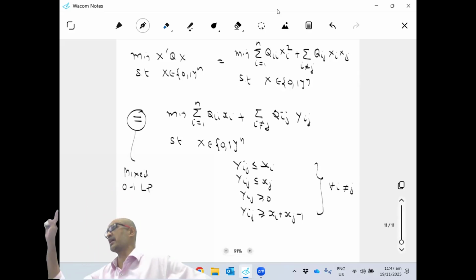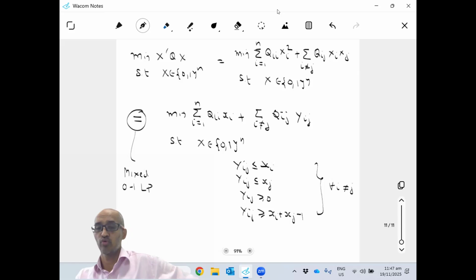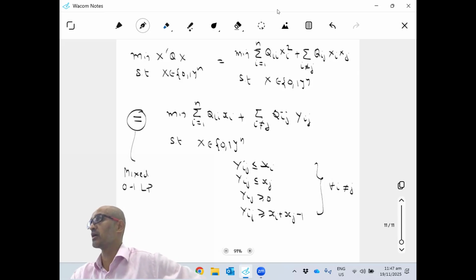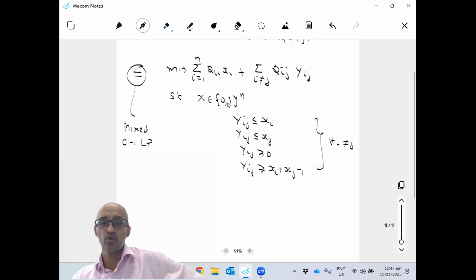Because you take x1 and x2, write y1,2. Take x1 and x3, write y1,3. If your matrix is not symmetric, similarly do y2,1, and so on and so forth. The number of variables here, you can be precise about the number, but essentially it'll be roughly order n squared.